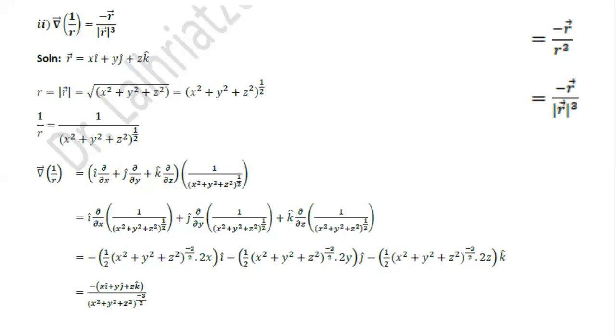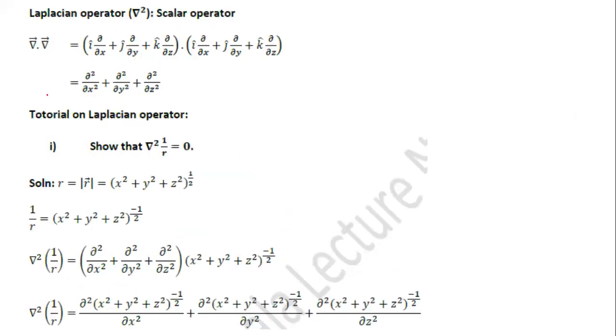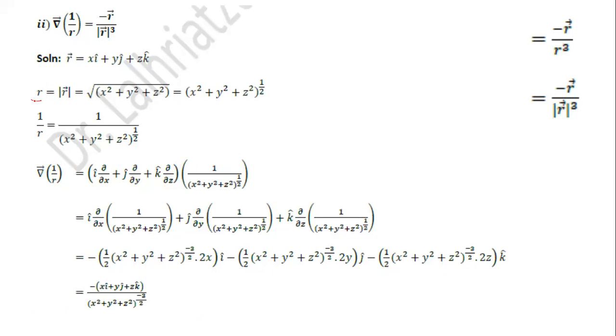So this particular case is also a gradient. So this r is again the position vector. So you just take the magnitude of that r. This is the small letter r without any vector sign, and 1 upon r is this, and this is simply x square plus y square plus z square to the power minus 1 upon 2.